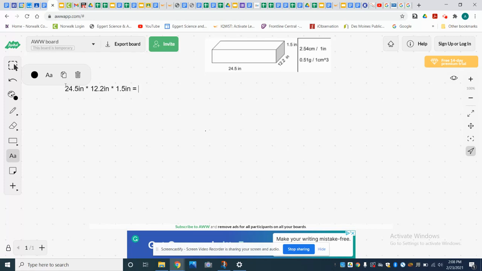You guys multiply those, you get volume, which is a basic mathematical strategy.